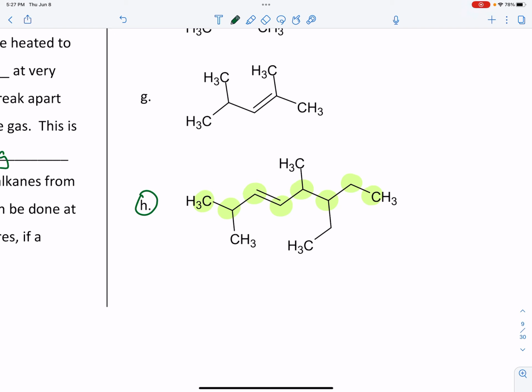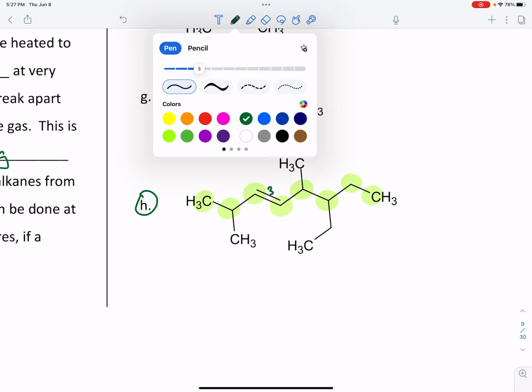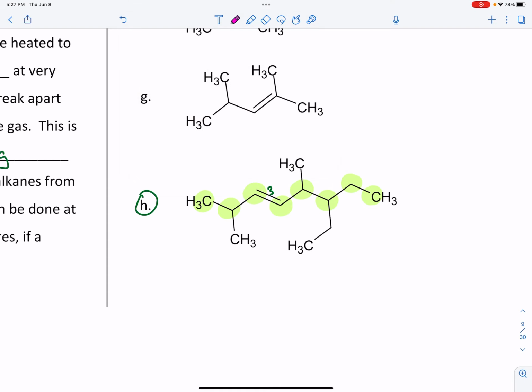So in this case, there's 1, 2, 3, 4, 5, 6, 7, 8 carbons in this longest parent chain, and the double bond, which makes it an alkene, is the third bond if we count from the left. We count from the left because that's the end closest to that double bond. We also notice, again, I'll use a different color, that there are branches.